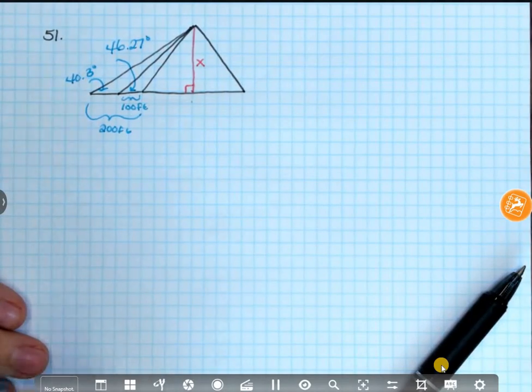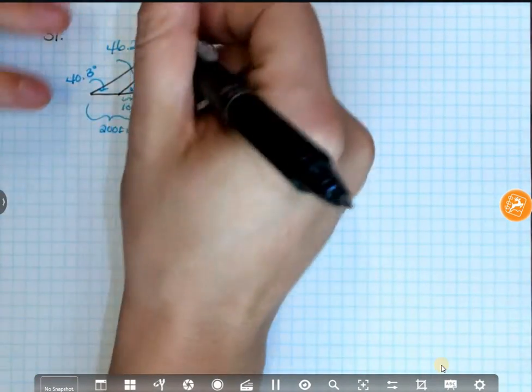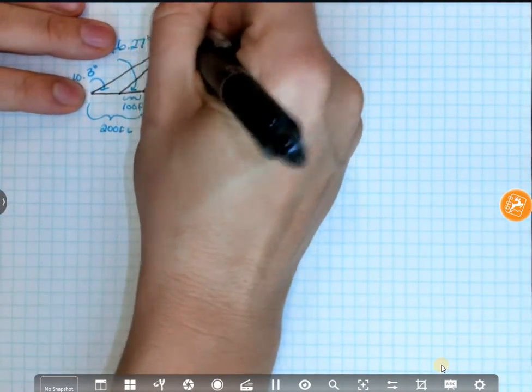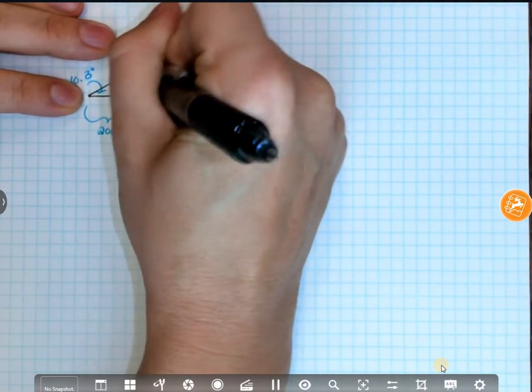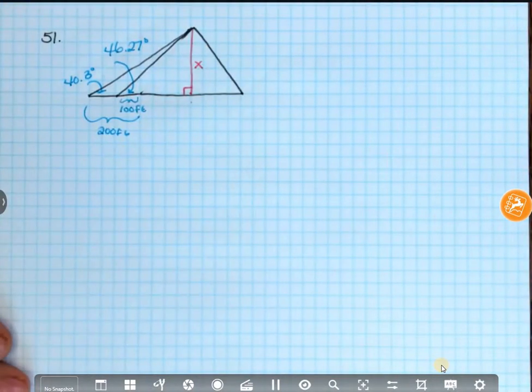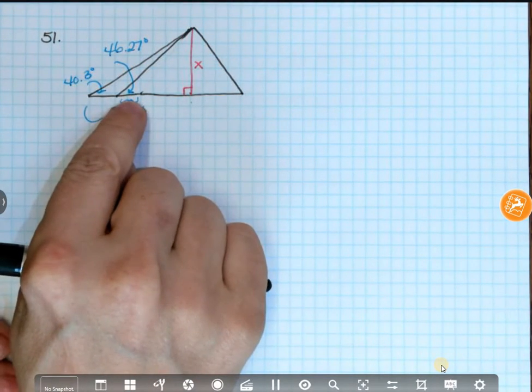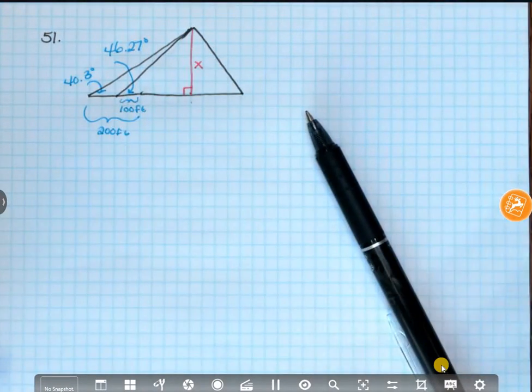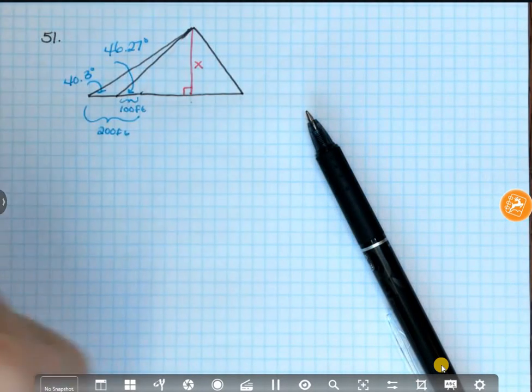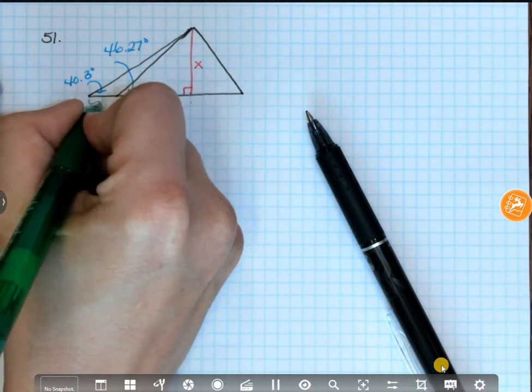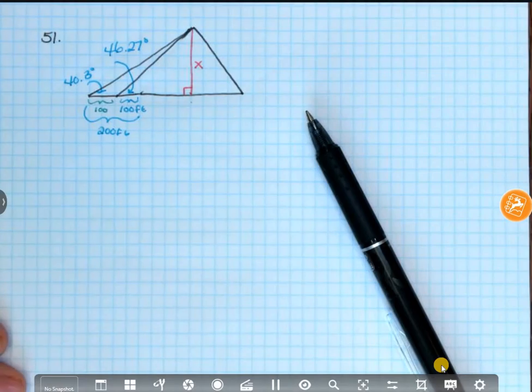What I want you to see with this is I don't really need this in here at all. It doesn't affect my picture. I don't have any measurements on it. I don't have any angles on it. I had that little piece was 100. The only reason why I had that was so that I could say, what is this piece here? 100.